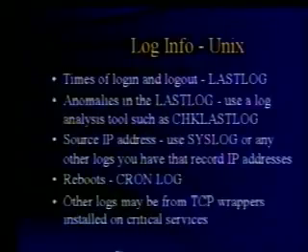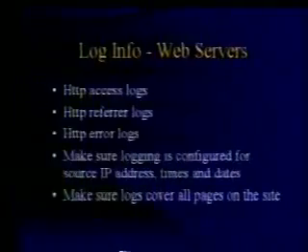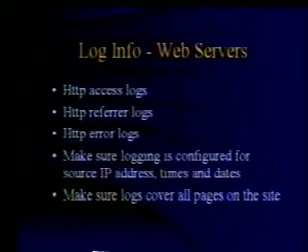You may have other logs from things like TCP wrappers that can be useful to you. Remember, once a machine's compromised, the logs are not reliable. You can't guarantee that what you're seeing is what actually happened. NT logs can now be modified as well. Web servers can help you a great deal in certain kinds of traces.